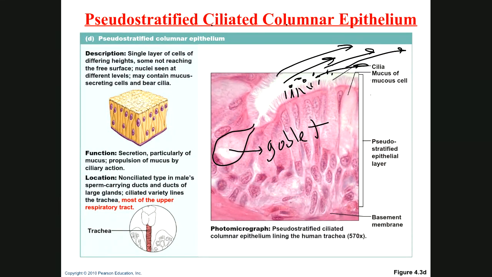Goblet cells are going to secrete mucus, and mucus is sticky, so it's going to help stick the particles onto the cilia, and when the cilia beat and move, it helps sweep substances out of the body. So you should know the location where these tissues are. The function is described as propulsion of mucus by ciliary action. Okay.